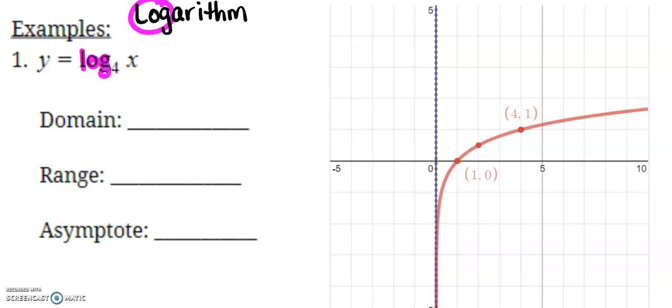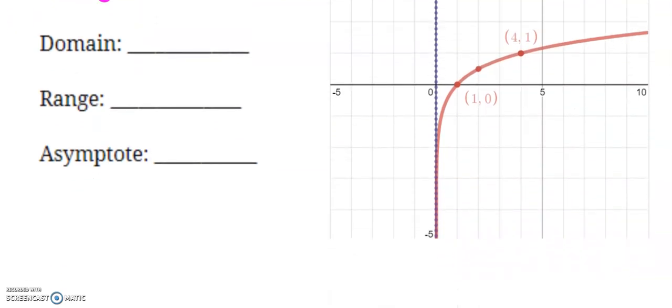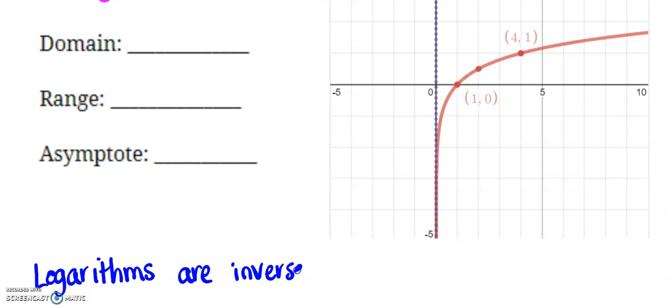So that's what makes the equation itself a logarithm, and that's what tells you you're going to have this specific shape. So first off, I'm going to make one other little note at the bottom, all right? Logarithms are, aside from being exponents, inverses of exponentials.